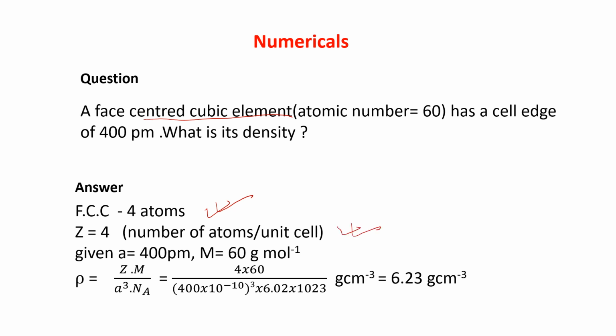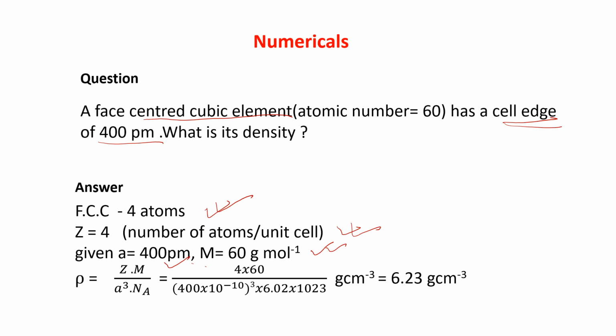Z is equal to 4. Given A, the edge length, is 400 picometer. Atomic mass M is given as 60 gram per mole. Now rho is equal to ZM by A cube Na.